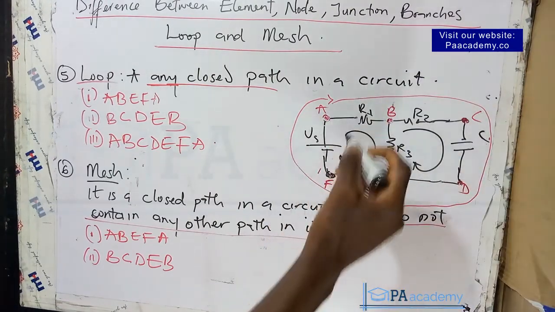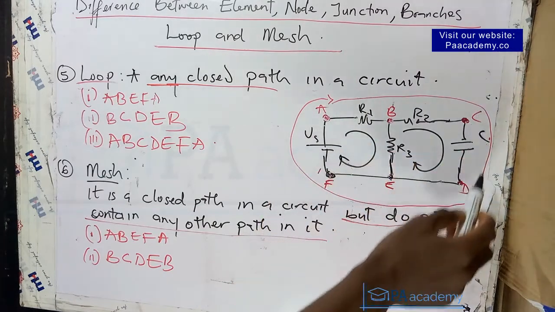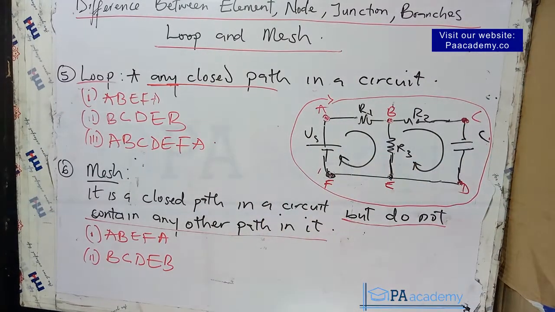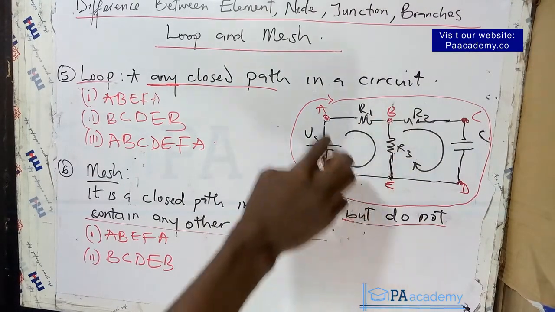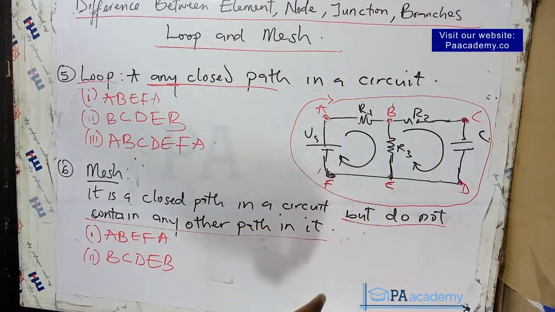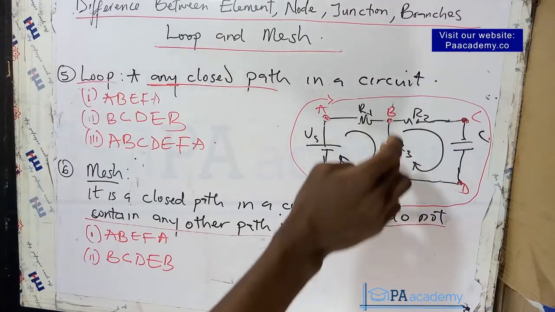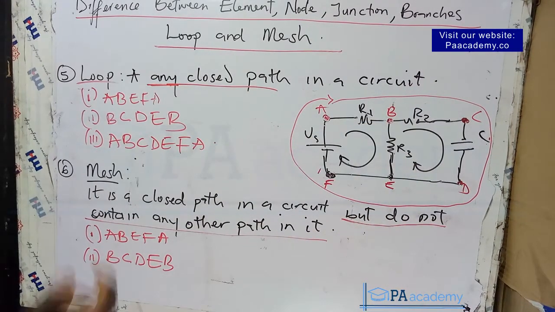So A, B, C, D, E, and F, we cannot call a mesh. Rather, we'll call it a loop. But A, B, E, F you can refer to as a mesh. You can also refer to B, C, D, E, and B as a mesh. So with that now, I hope you've gotten the difference between elements, node, junction, loop, and mesh.